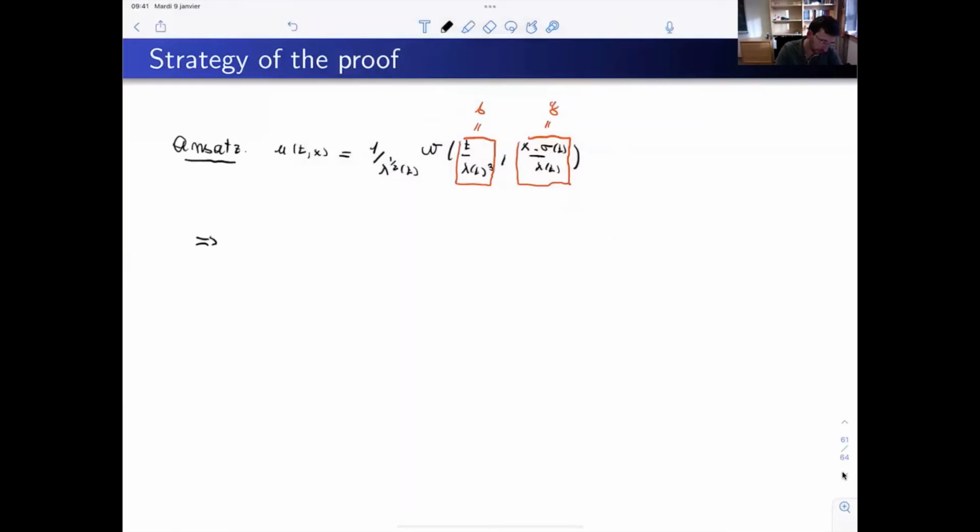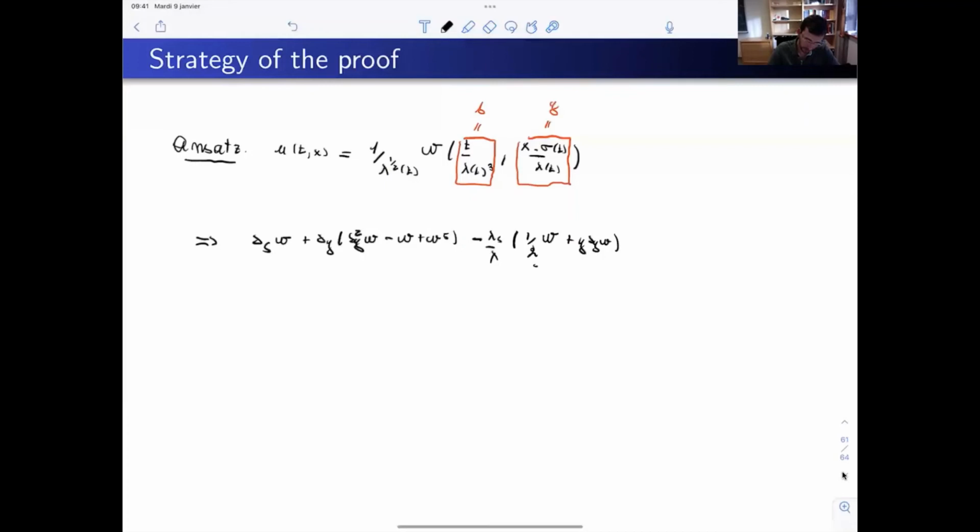Here I wanted to do the computation, but honestly, this is not difficult. This is just the chain rule. So you find that w has to satisfy this equation, minus lambda_s over lambda times, when I differentiate with respect to lambda, 1/2 of w plus y d_y w.